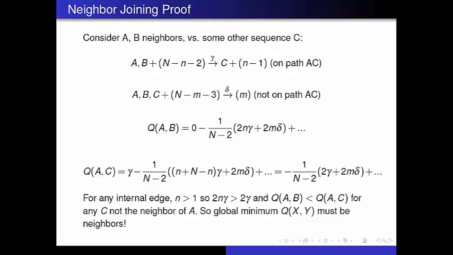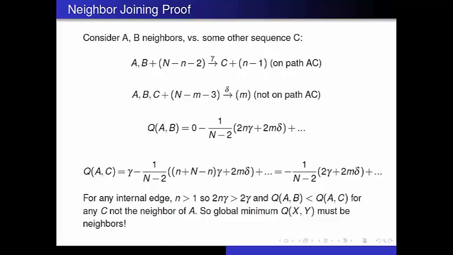So I'm going to have an n gamma coming from UA, right? Is that fine? Any questions about that? And I'm going to have exactly the same thing coming from UB, because A and B are both on this side of this edge that goes to little n other sequences with edge weight of gamma. So I get a 2n gamma for the gamma edge, and it's exactly the same thing, but with little m instead of little n across edge delta. So it's 2m delta, okay?